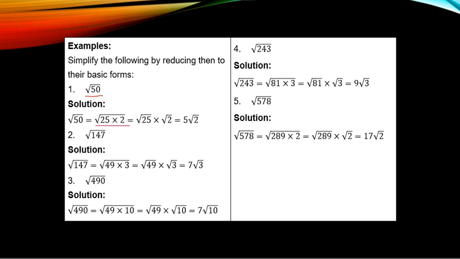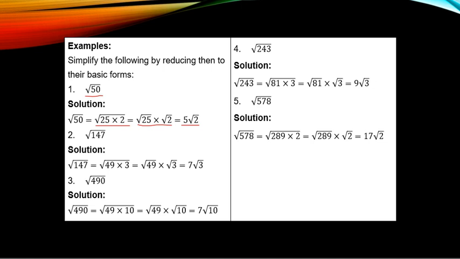Here we are applying one of the rules stated earlier: product of surds can be split. So square root of 25 is 5 and square root of 2 cannot be determined because 2 is not a perfect square. So while root 50 is a single form, 5 root 2 is a basic form. 5 root 2 cannot be expressed further than the way it is.